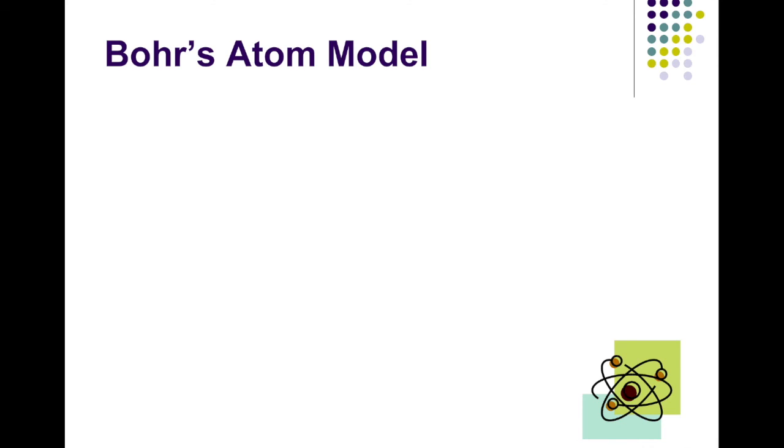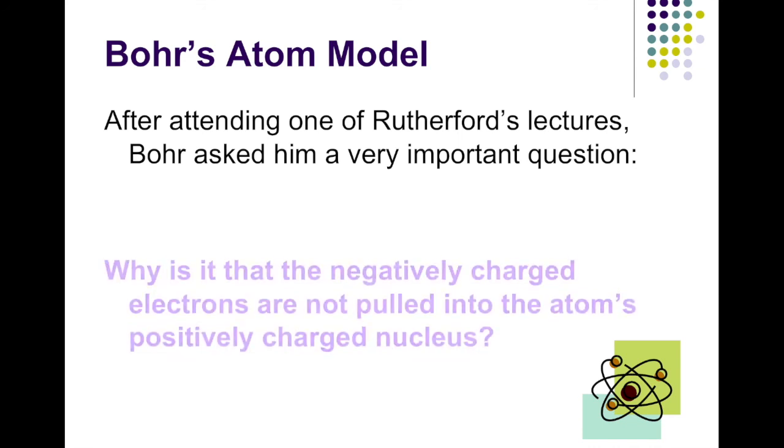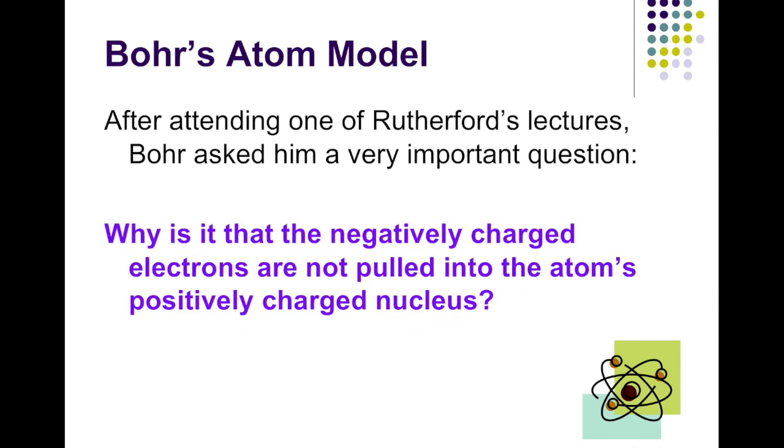So, Bohr's atom model. After attending one of Rutherford's lectures, Bohr asked him a very important question. And that question was, why is it that the negatively charged electrons are not pulled into the atom's positively charged nucleus? Now, before we answer this question, I'm going to let you know which parts you're going to be taking notes on. This is more background knowledge as of right now, so you do not really need to get this.